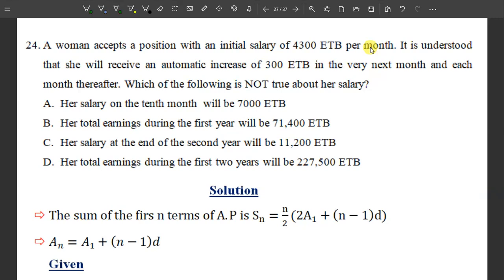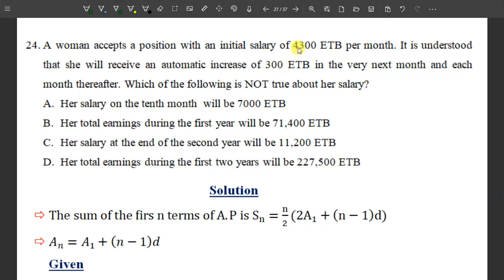The application for this one to solve this question must be an arithmetic. Why? Because in the second month she will receive 4,600 when 300 is added, and in the third month she will receive 4,900 Ethiopian birr, and so on.